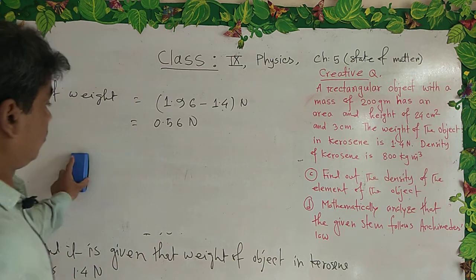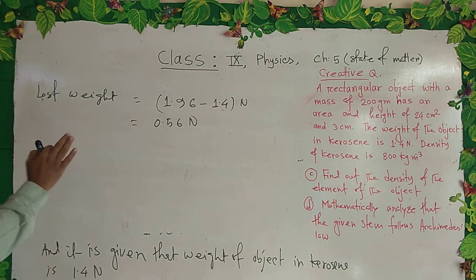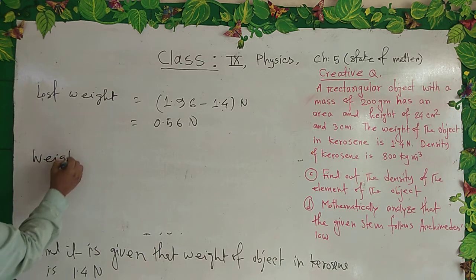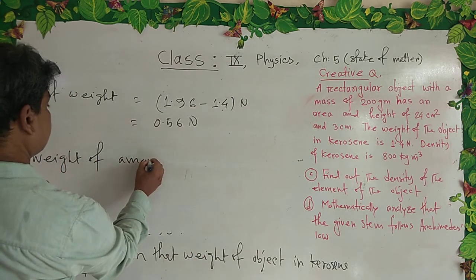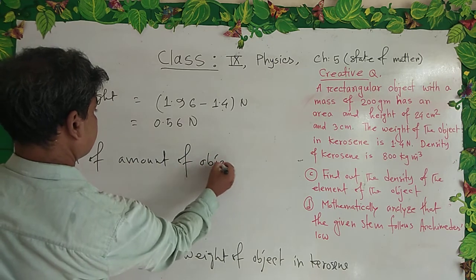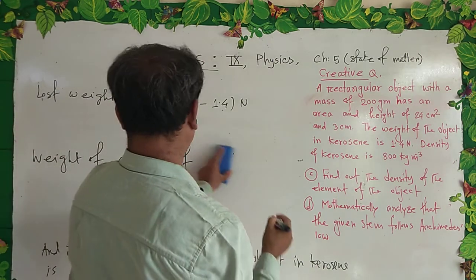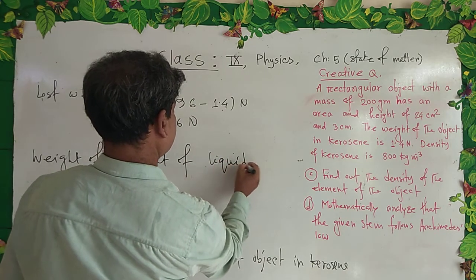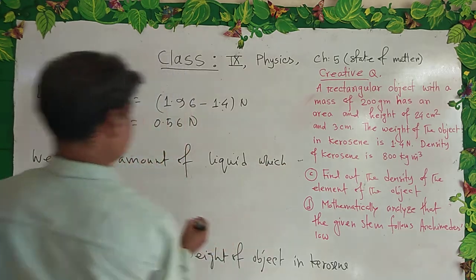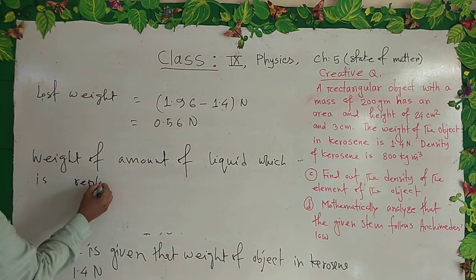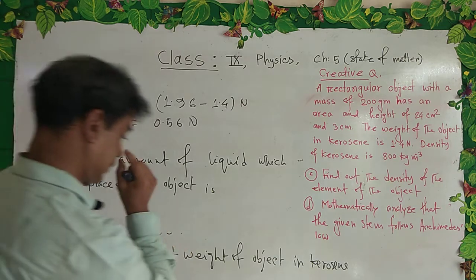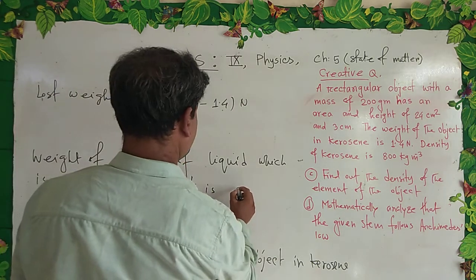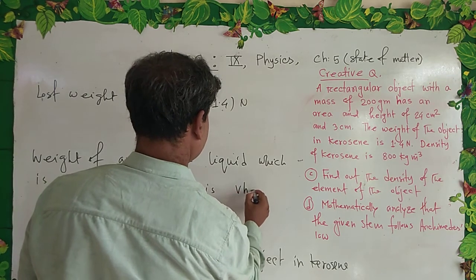Now we can find out the weight of the amount of liquid which is replaced by the object, which is V rho g.